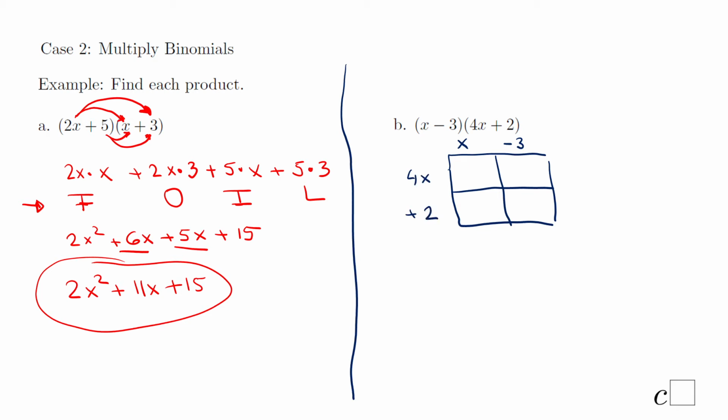We're going to fill in the boxes. In the top left box we have 4x times x, that is 4x squared.